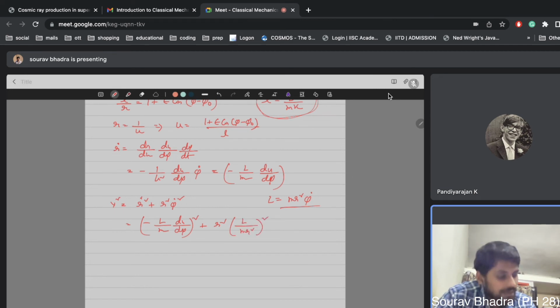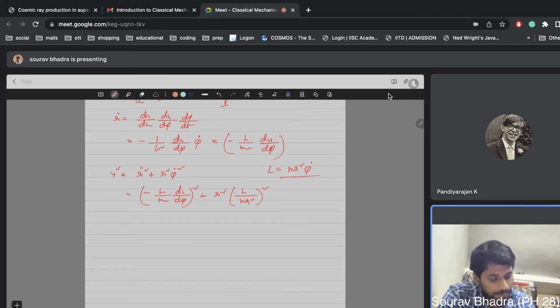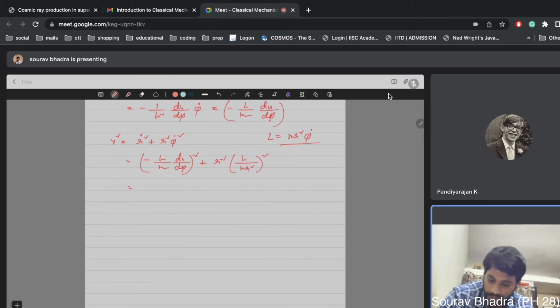These are all manipulations of expressions, and by this manipulation you are getting some interesting results which are useful. So if you do it, I am writing your velocity directly: L square by m square, du d phi square plus u.